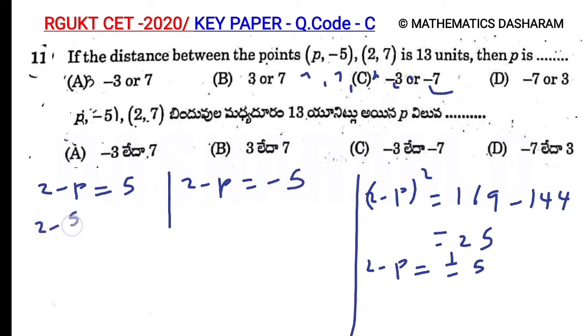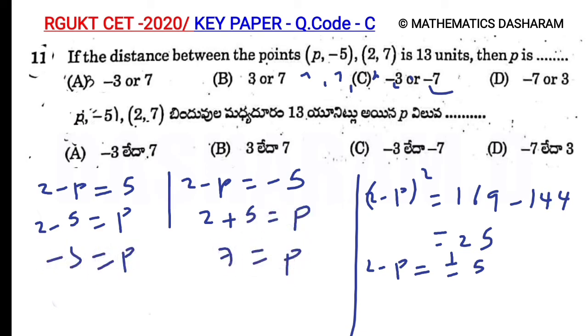So 2 minus 5 equals p, minus 3 equals p. 2 plus 5 equals p, 7 equals p. So 7, and option A is correct.